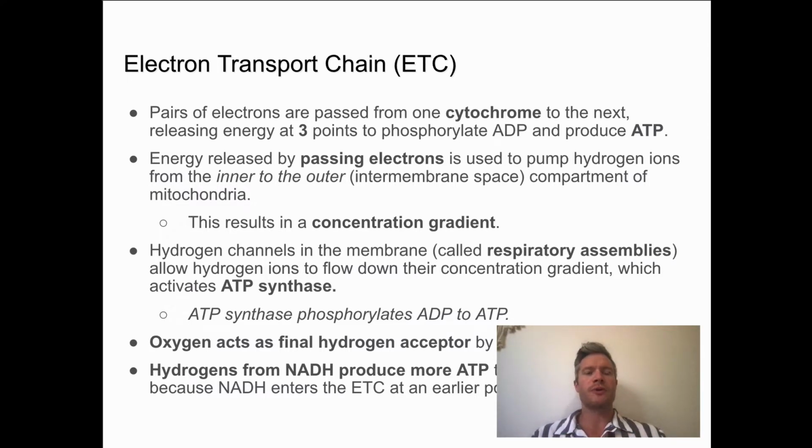What's important about this is it creates something called a concentration gradient. This is a really big thing in biology in general, but the membrane itself can't have the hydrogen protons pass through. So if our cells keep pumping all these protons into this holding area, they can't move anywhere.